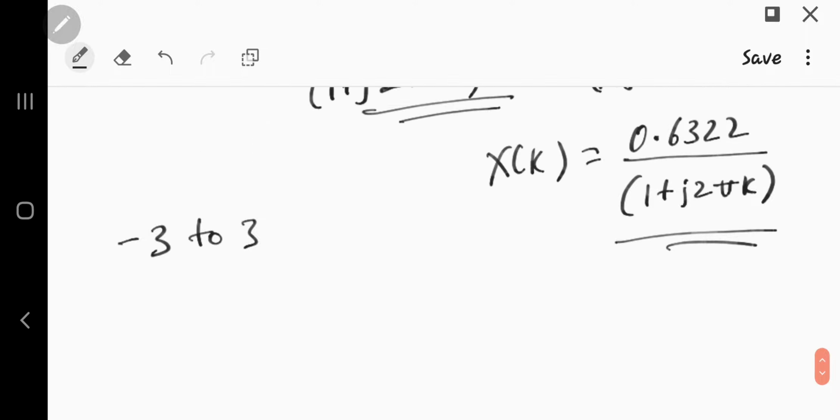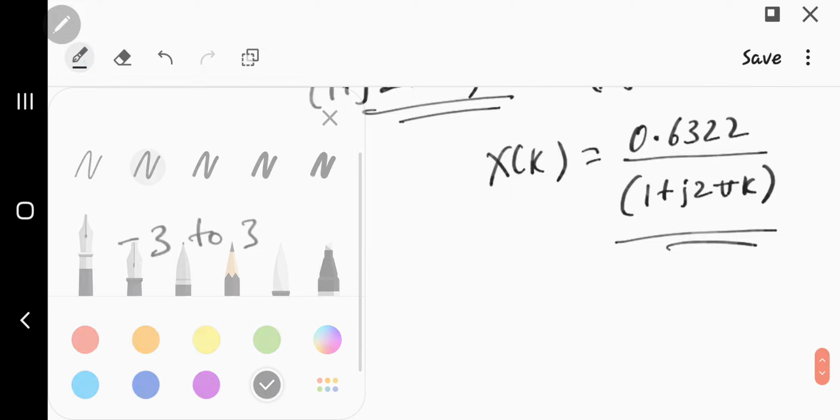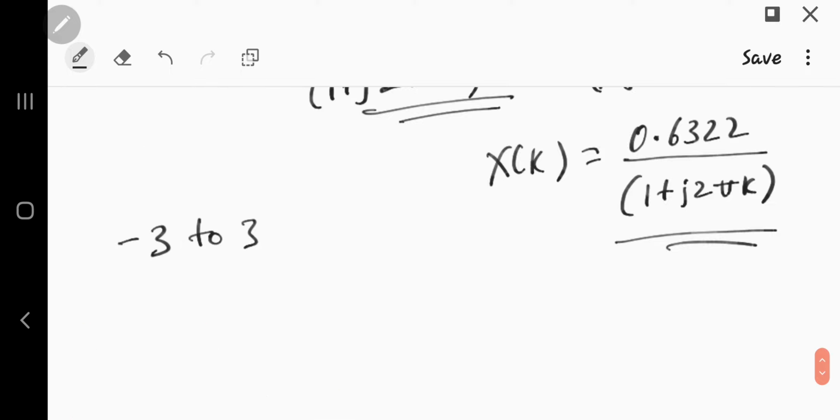For the magnitude spectrum, you can go from -3 to +3 for both the magnitude and phase spectra. That gives 7 values to deal with. So find x of 0, x of 1, x of 2, x of 3, and x of -1, x of -2, and x of -3, get the magnitude values, and plot the spectrum here.